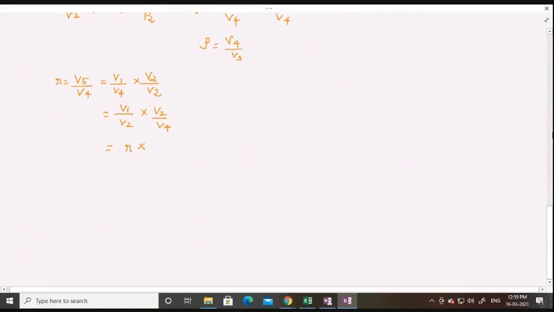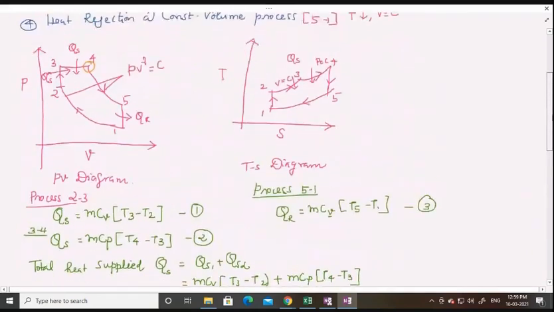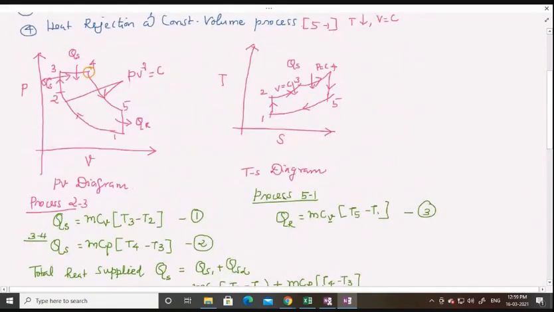Because of the constant volume process, you can look at the PV diagram. See, here because of the constant volume process, V3 and V2 are equal, just like V1 equals V5.